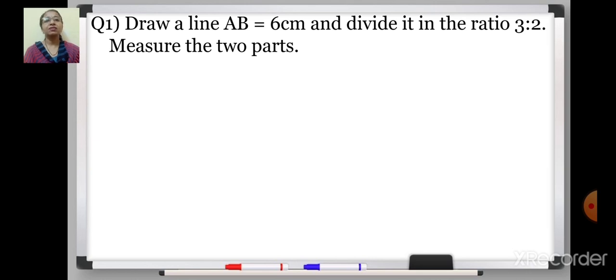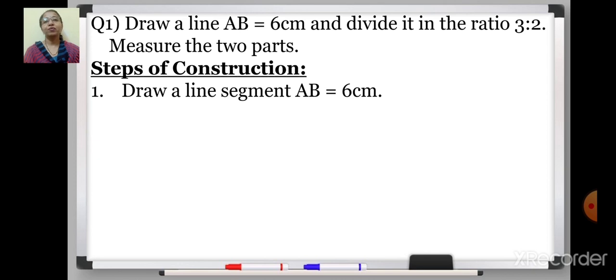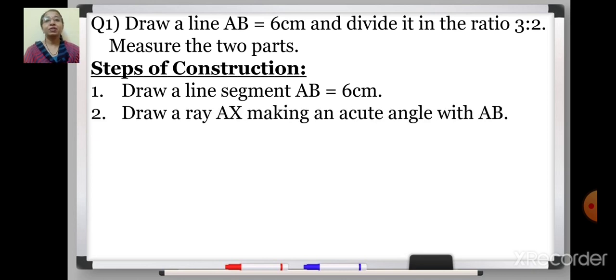So to construct this example, let us see what the steps of construction are. The first thing we will do, we will draw a line segment of length 6 cm. Then we will draw a ray AX making an acute angle with segment AB.